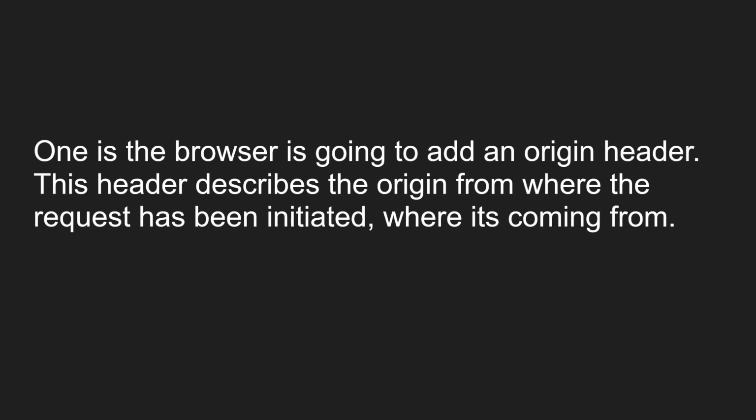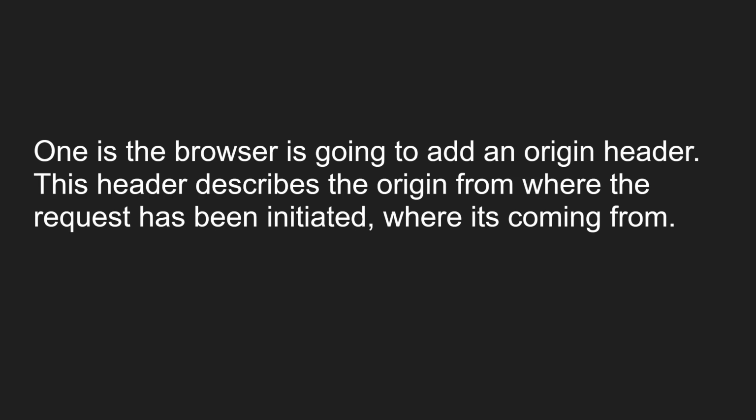One is that the browser is going to add an Origin header. Okay. When you are trying to make a simple request, automatically the browser will add an Origin header. This header describes the origin from where the request has been initiated, where it's coming from. I will try to show you an example, don't worry, but try to understand it.